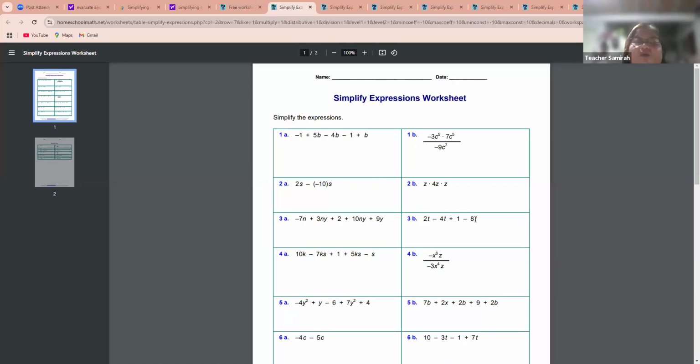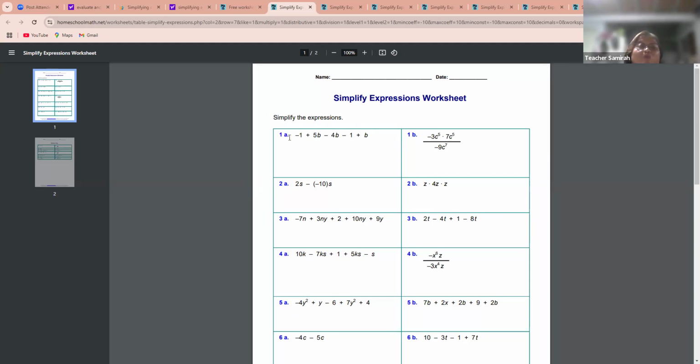Look at this. Simplify expression worksheet. What do we need to do? We only need to simplify the expression. We do not evaluate yet, we only simplify. Meaning we need to reorder and then combine all like terms.